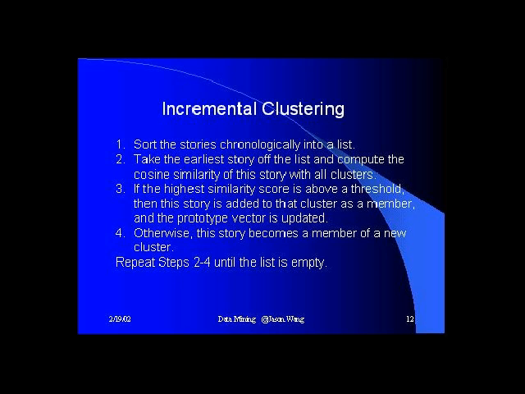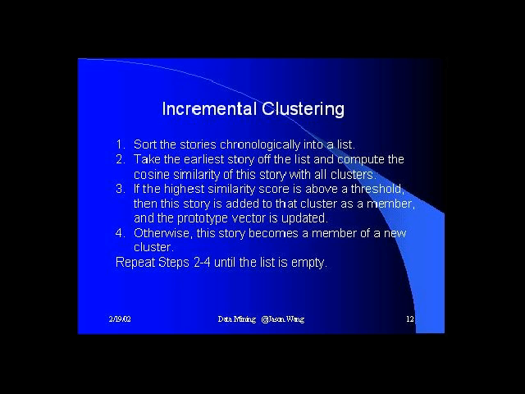This story is published in September 1999, then October, another story is published in January 2000, and so on. You sort the stories chronologically, and then you take the earliest story off the list and compute the cosine similarity of this story with all the existing clusters you have.